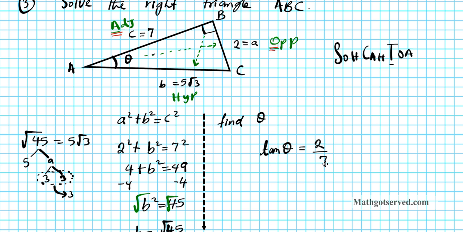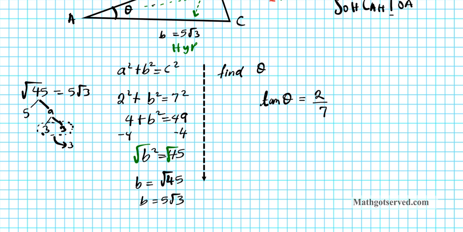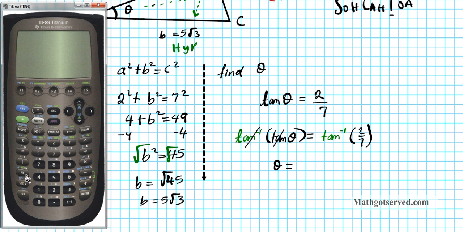Alright, now to get theta isolated, we're going to take the inverse tangent of both sides. Alright, so we're going to take the inverse tangent of tan theta equals the inverse tangent of 2 over 7. Alright, and then on the left side, tan and inverse tangent cancel out. Theta is, plug that into our calculators, inverse tangent of 2 over 7.